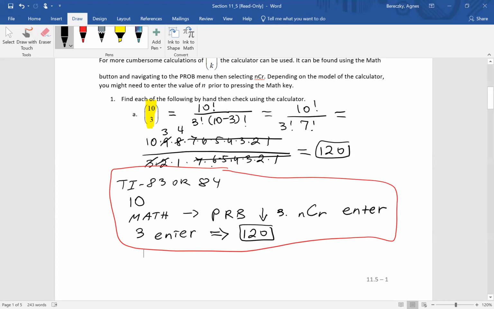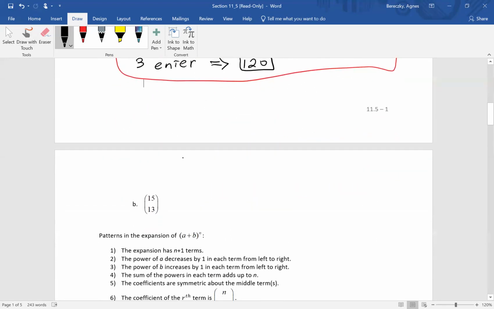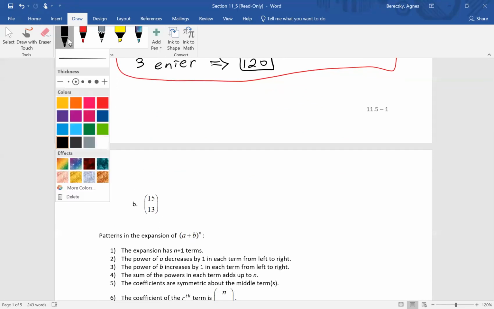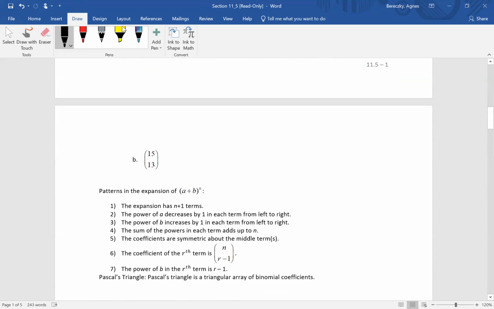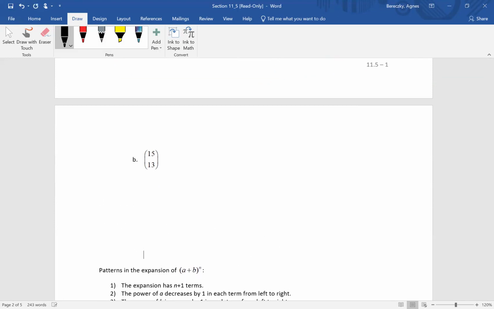So let's look at the second example, 15 choose 13. So this will be 15 factorial over 13 factorial times (15 minus 13), so that will be 2 factorial.